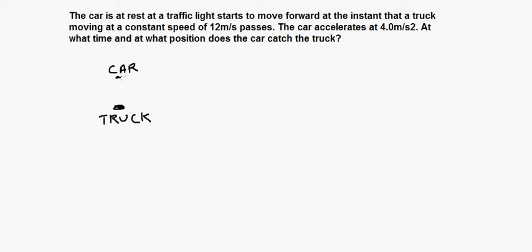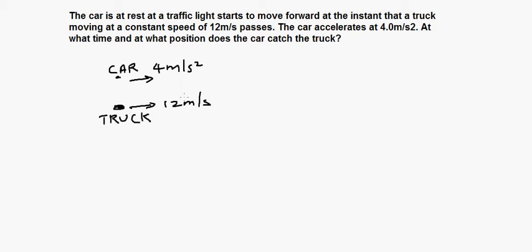And the truck is passing at the very instant where the car starts to move with an acceleration of 4 meters per second squared. At that very instant, the truck passes by with a velocity of 12 meters per second, and it's constant.